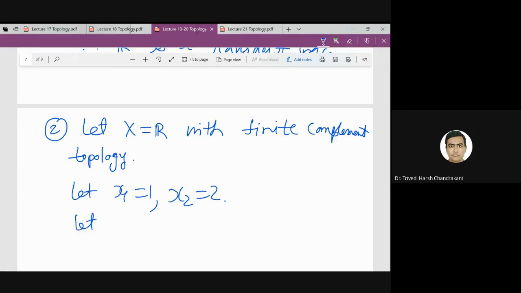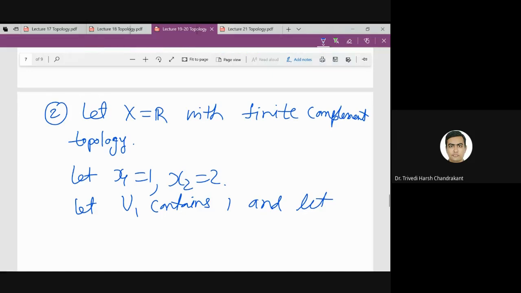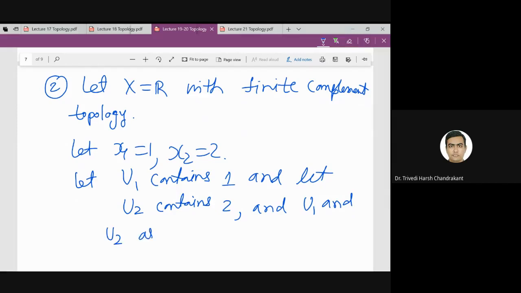So let U1 contain 1 and let U2 contain the point 2, and U1 and U2 are open in the cofinite topology.